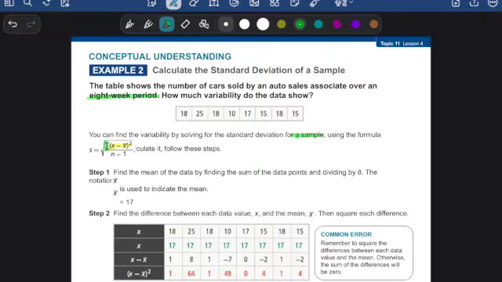And then we're going to divide by n minus 1. N represents the number of data points, and then we take the square root of that. Since we squared our difference from the mean, our deviations, we need to then take the square root, undo it, when we're calculating standard deviation. Now, the reason why we divide by n minus 1 is because we are doing a sample size, and we're going to talk about that a little bit later. So here's the formula to calculate standard deviation.